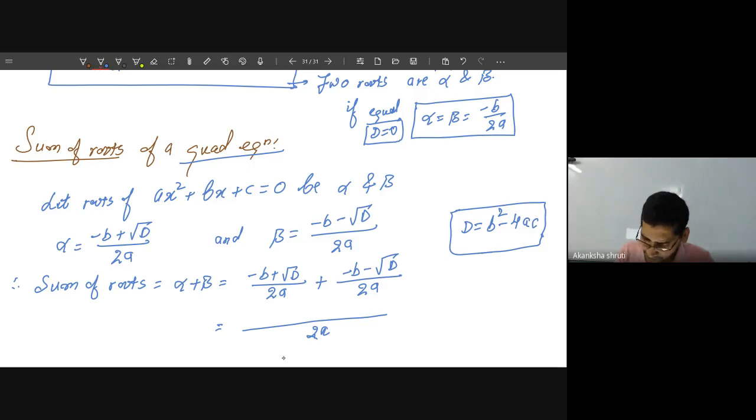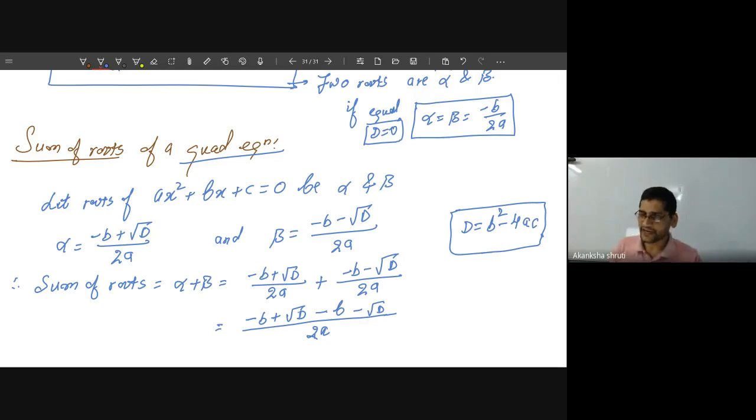Now for the first fraction it is minus b plus under root of D. In between the two fractions there is a positive sign, which means the sign of the other term will not change. So the next one will be plus of minus b minus under root of D. Many a time our students commit mistakes in this.